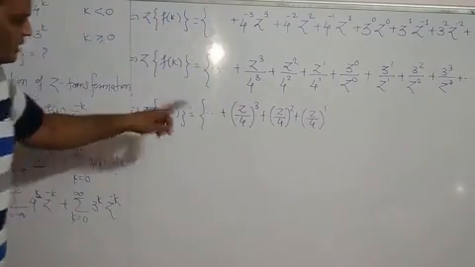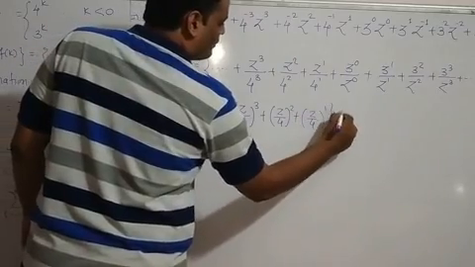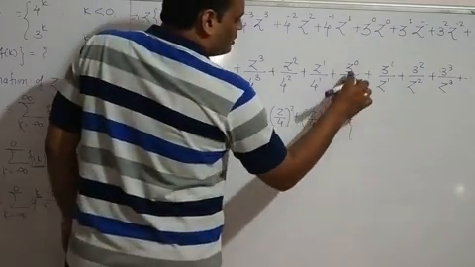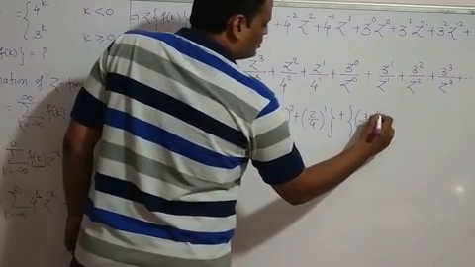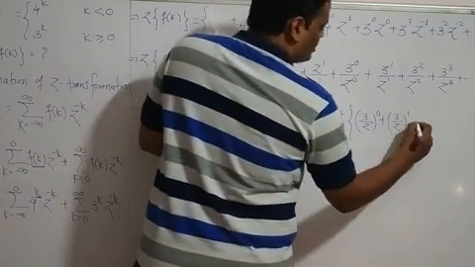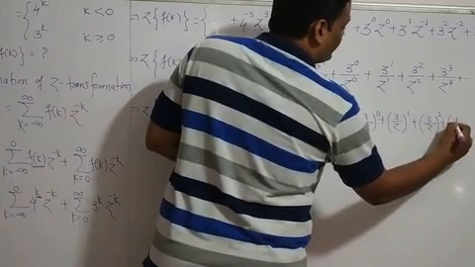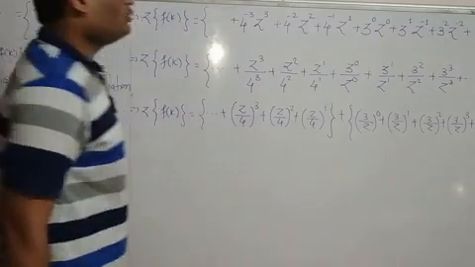Okay, so till here you have a function of z by 4, curly bracket complete, plus in another bracket you have 3 raised to 0 by z raised to 0. That means 3 by z raised to 0, plus 3 by z raised to 1, plus 3 by z raised to 2, plus 3 by z raised to 3, and it will continue.